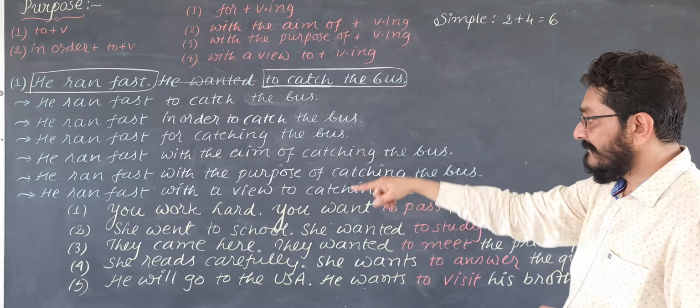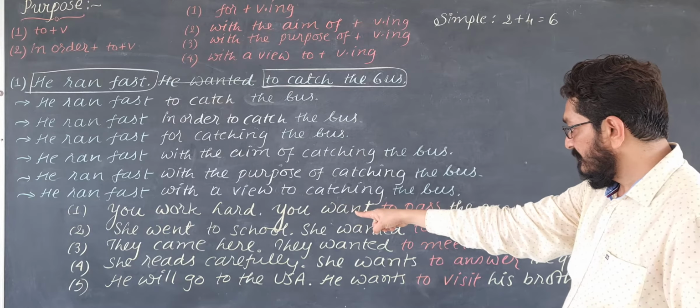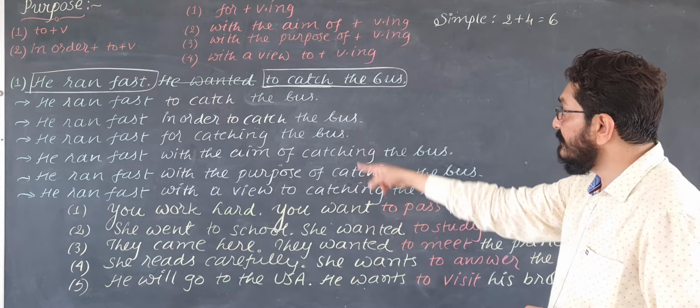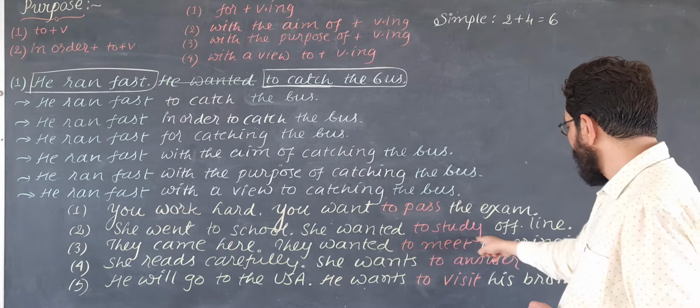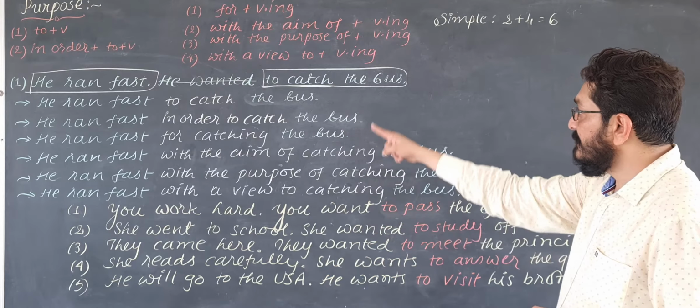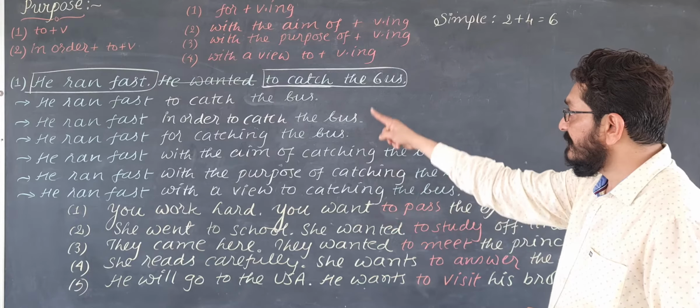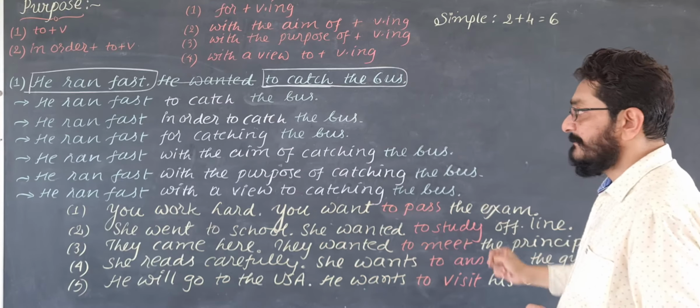For, she went to school for studying offline. She went to school with the aim of studying offline. She went to school with the purpose of studying offline. She went to school with a view to studying offline.